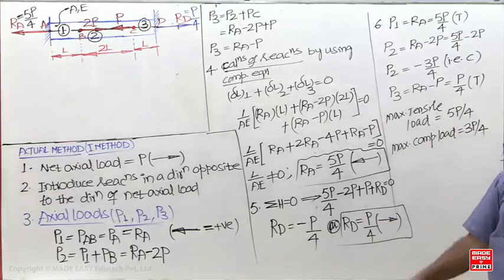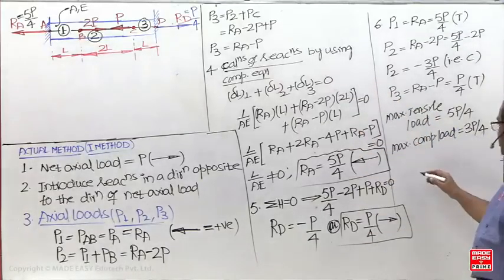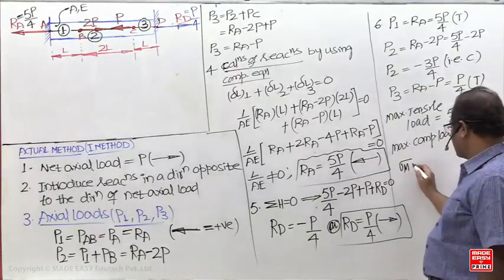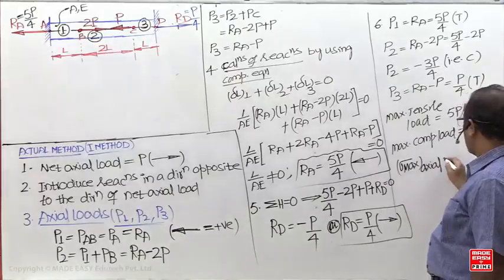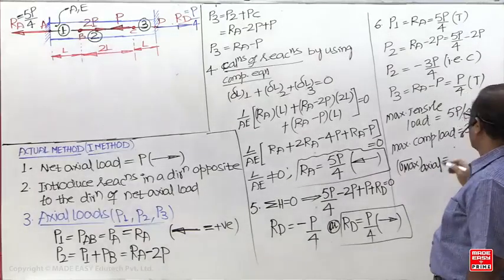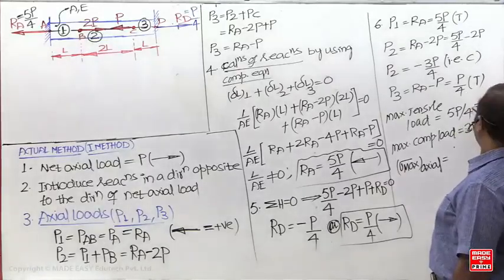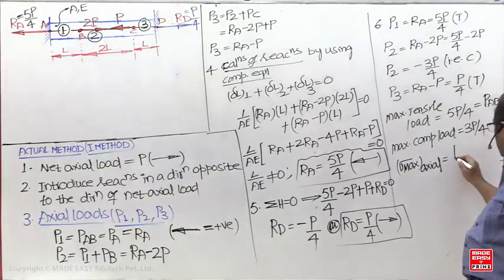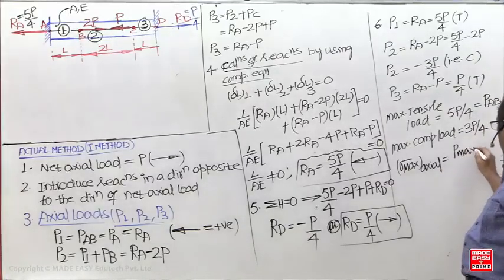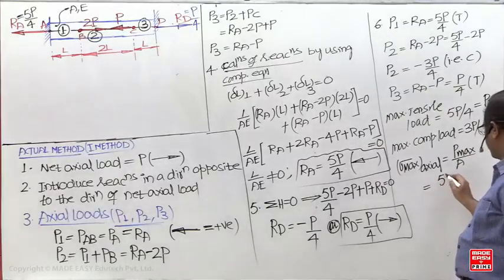Now where is the stress maximum? Area is the same everywhere. Therefore maximum stress will be the maximum axial stress. In which member are we getting this? AB member. Five P by 4A.